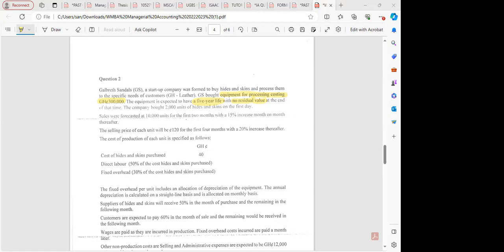Remember, we have said that for the first 2 months, the sales unit will be 10,000, and then the increment thereafter, month on month, will be 15%. So that's what we're going to work with.